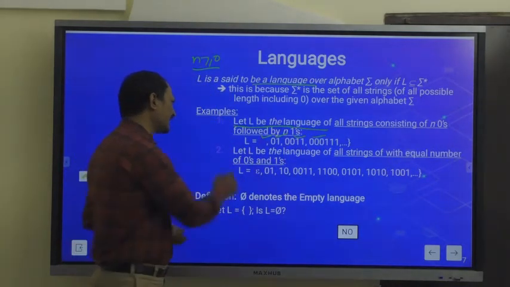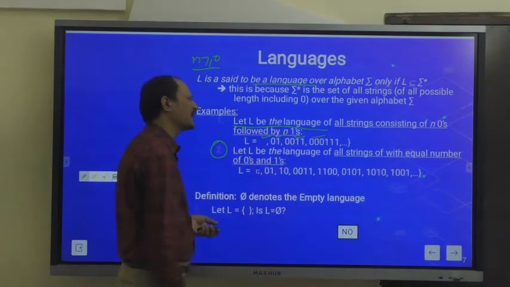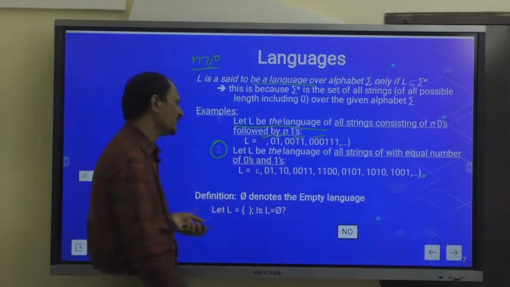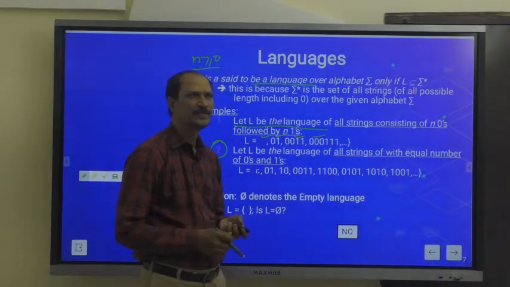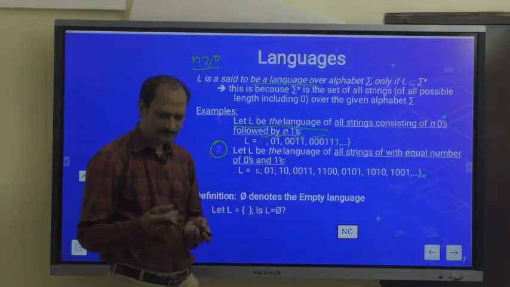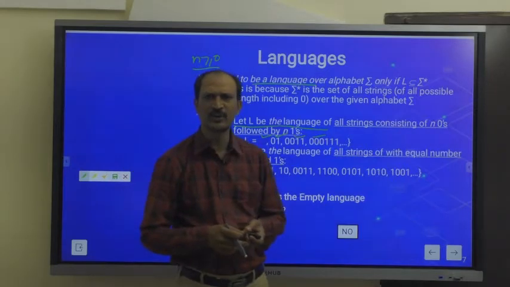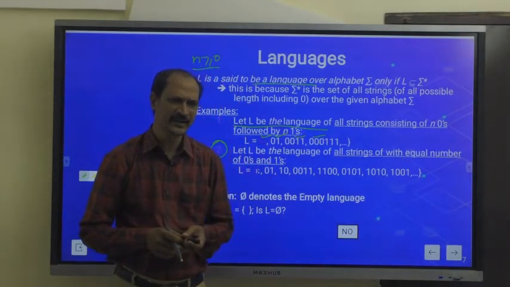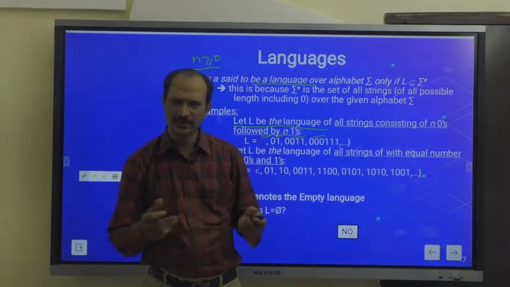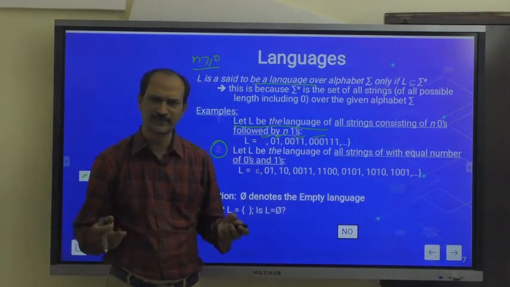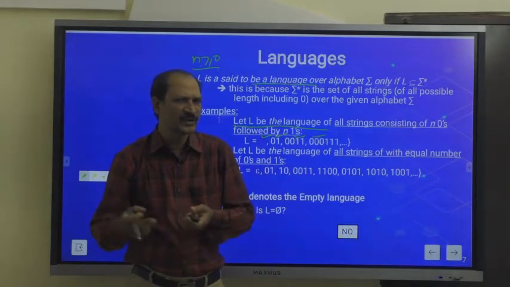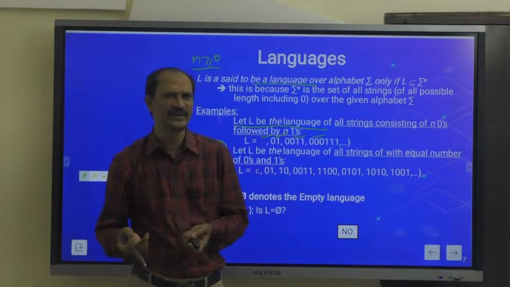The second language we are going to see: let L be the language consisting of the set of all strings with an equal number of zeros and ones. What does equal number of zeros and ones mean? Epsilon has an equal number of zeros and ones, of course, because epsilon contains 0 zeros and 0 ones.